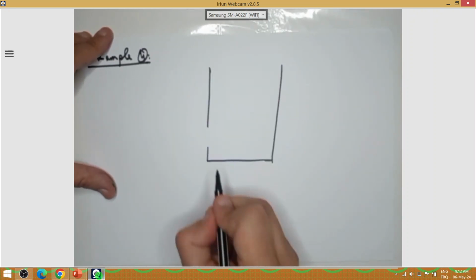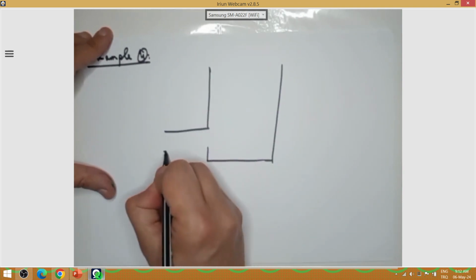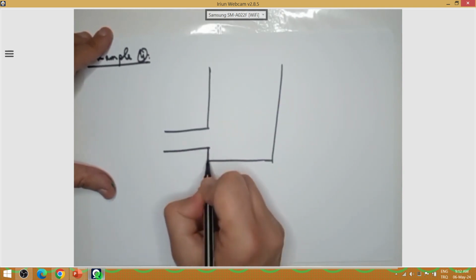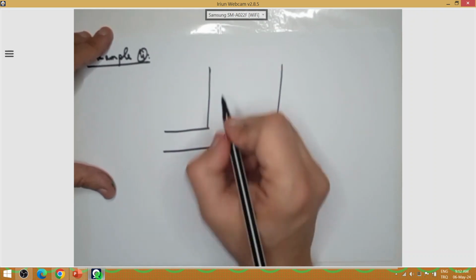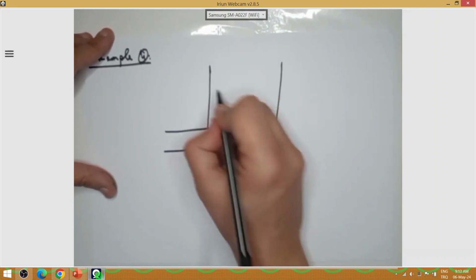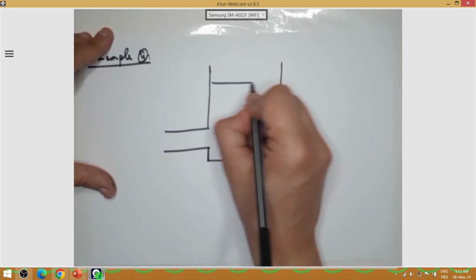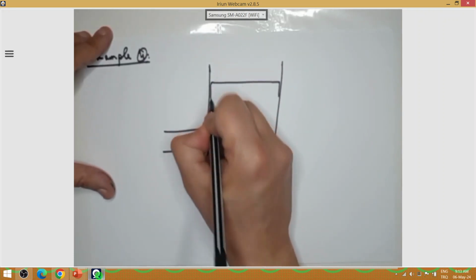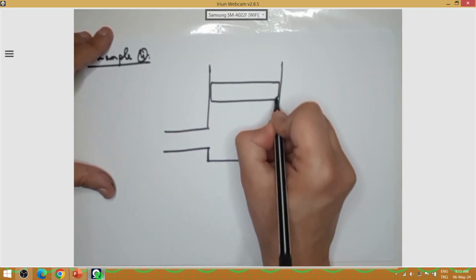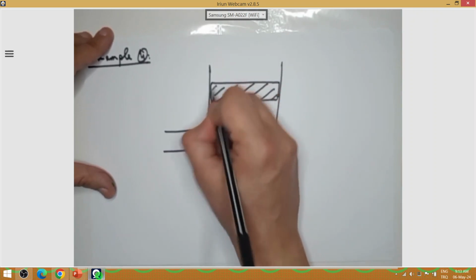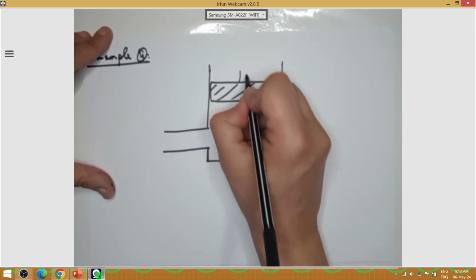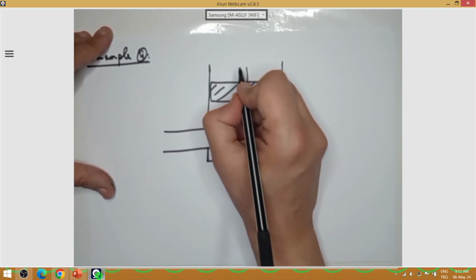I have an opening here, so gas or air can go in and out, and I have my piston here. It can go up and down. This is my piston.